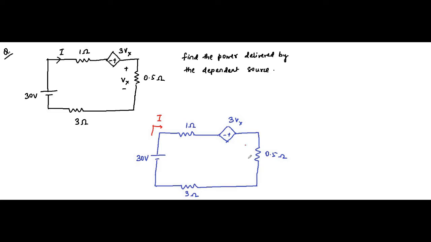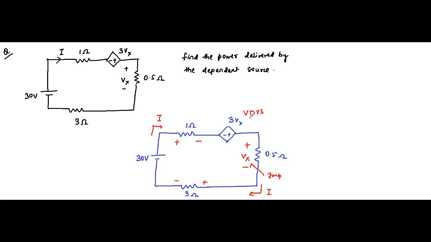This is the voltage drop Vx on which this voltage dependent voltage source is dependent, which is the important parameter. Then we have to assign the voltage drops, plus minus, here it is already there, because current is flowing like this.